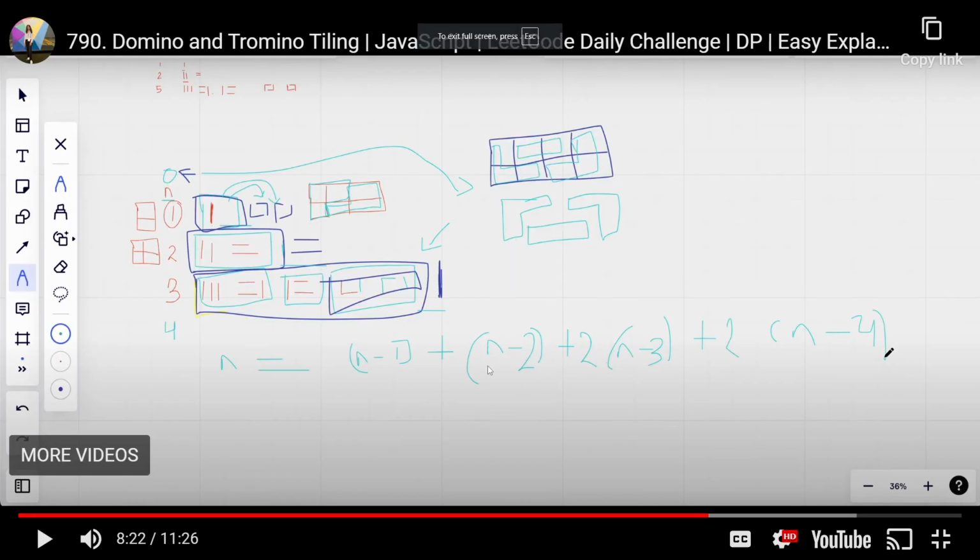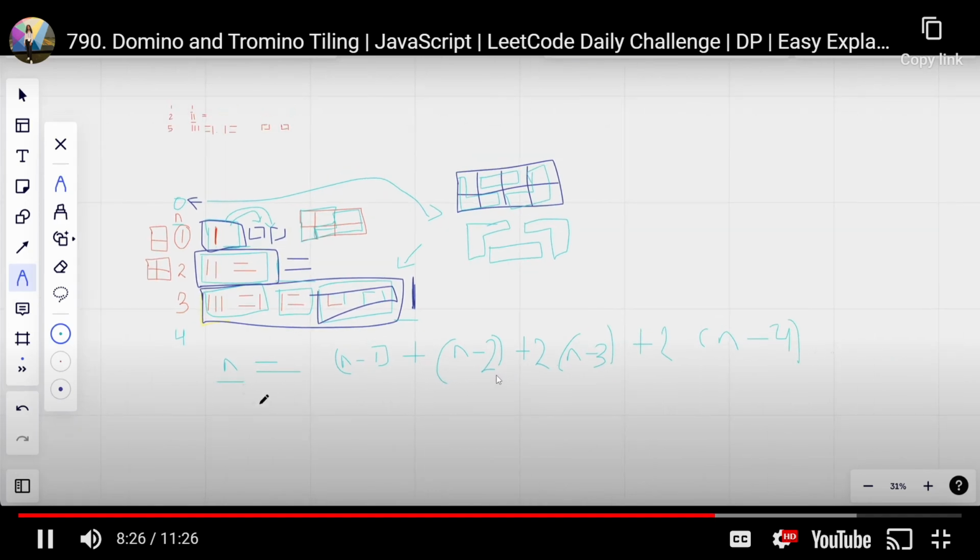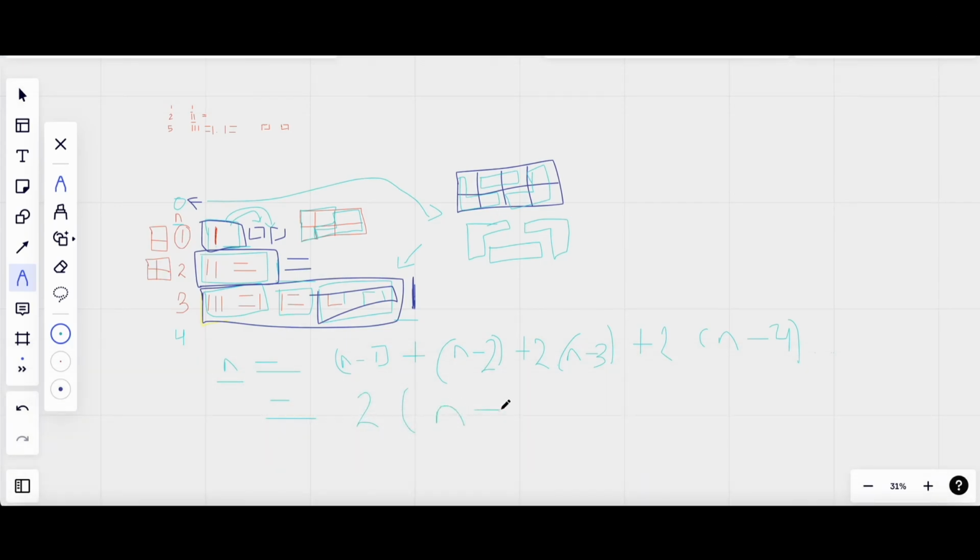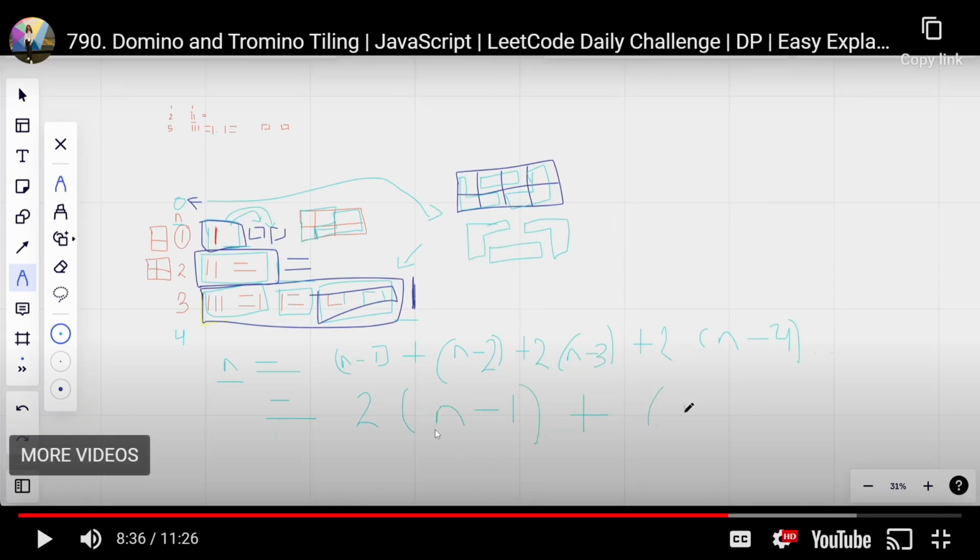So from here, what would you get here? It will keep on repeating for any values of n. So now simplifying this, what would we get? We will get 2 times n minus 1 plus... Why is it 2 times n minus 1?